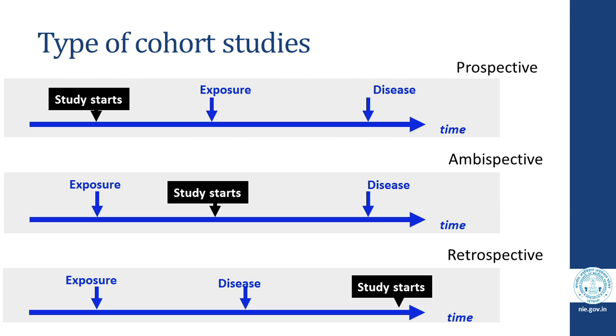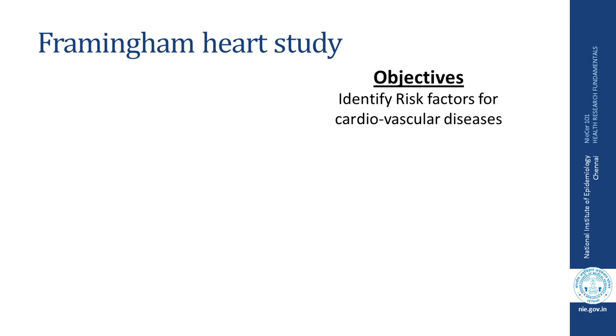And there is a combination of these two approaches which is called bidirectional study or ambispective study, wherein when your study starts, the exposure has already occurred and then you follow these exposed and unexposed individuals till they develop the outcome. Let me explain these different types of studies by giving some examples.